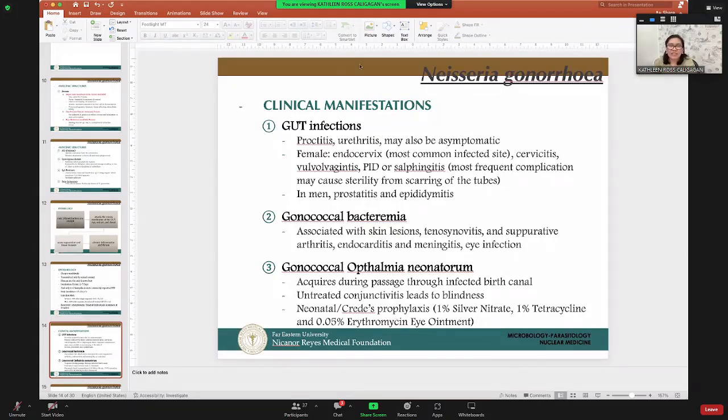So for genitourinary infection, this may be presented as proctitis or urethritis, or maybe asymptomatic.